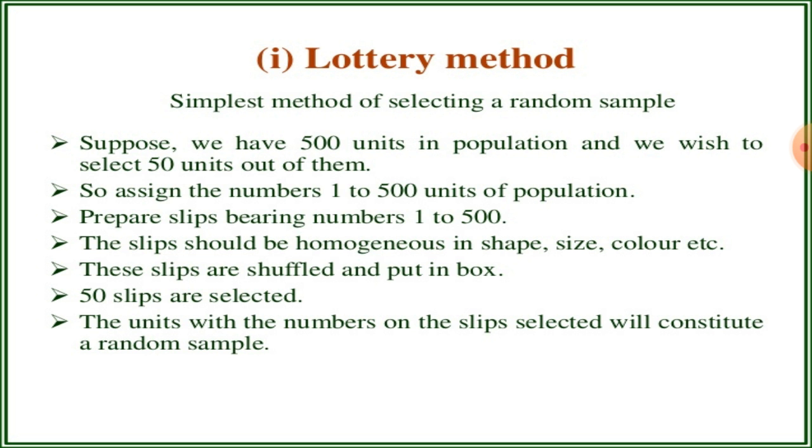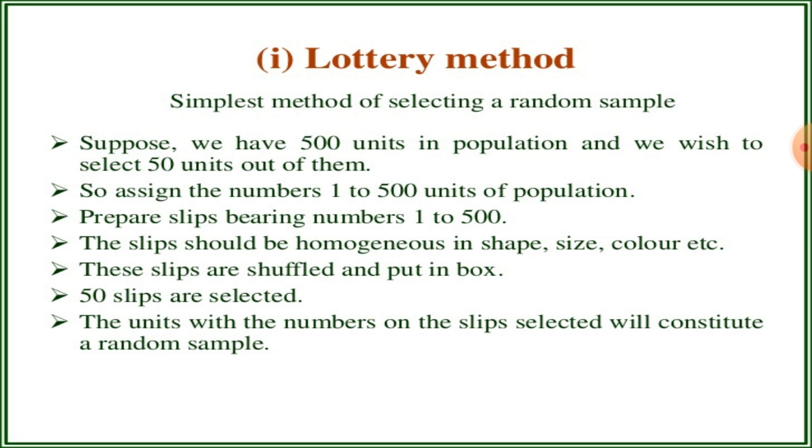Suppose we have 500 units in the population and we wish to select 50 units out of them. So, assign the numbers 1 to 500 to the units of the population, and the next step is to prepare slips bearing numbers from 1 to 500.